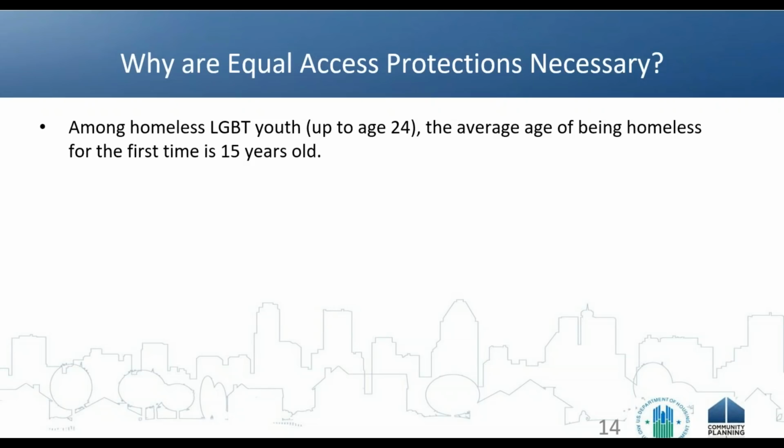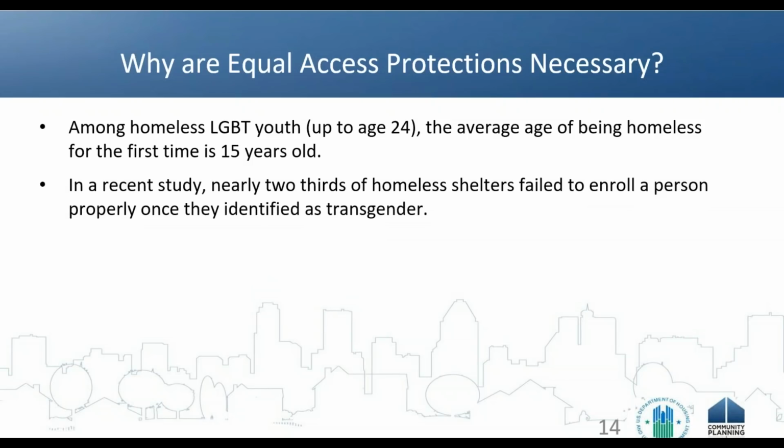Among homeless LGBT youth, the average age that they become homeless for the first time is 15 years old. 15. So there's obviously something systemic happening before people show up to shelter. There is a lot of family rejection. There are a lot of things that have occurred, and it's happening earlier and earlier.